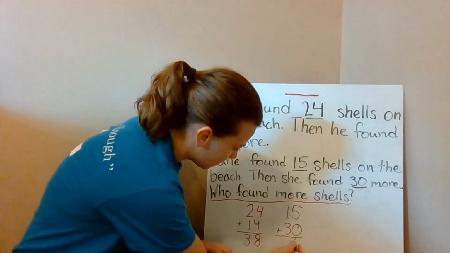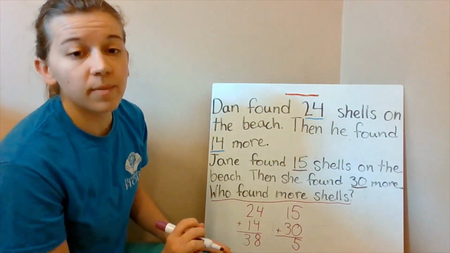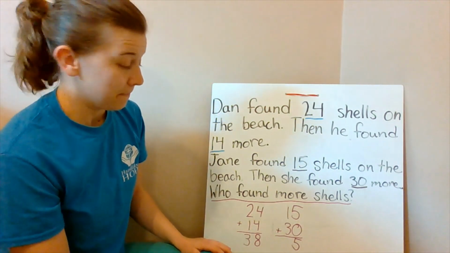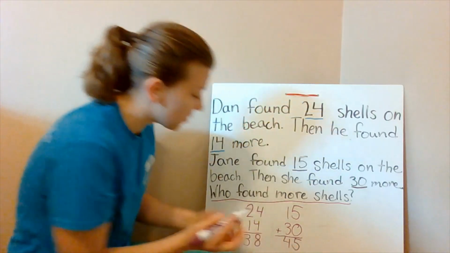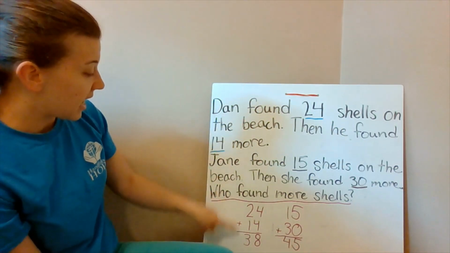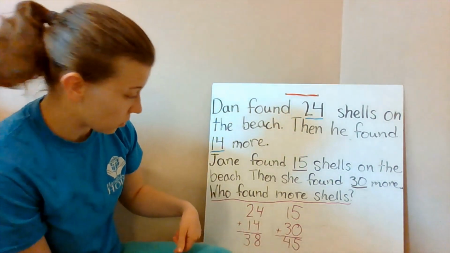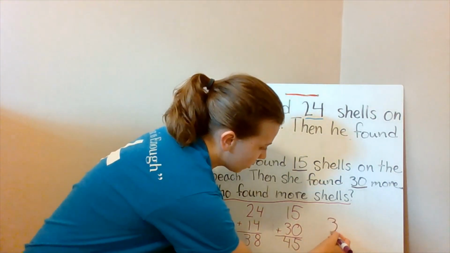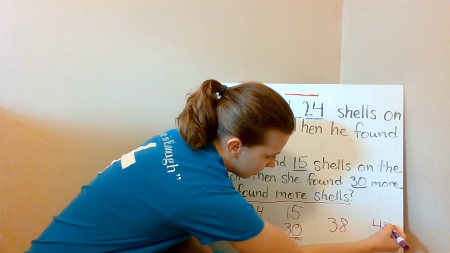You know that. And then what about 1 plus 3? 4. Very good. All right, so then we look at our two numbers. So we see that Dan found 38 total and Jane found 45 total. So now let's put 38 here and 45 here.